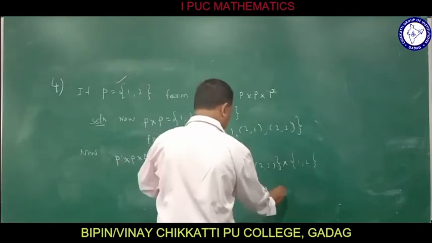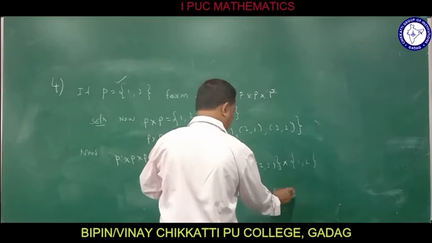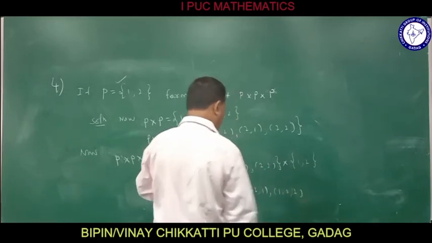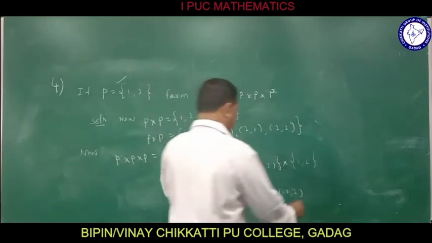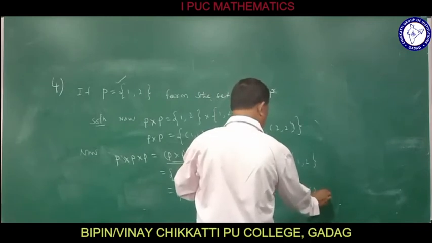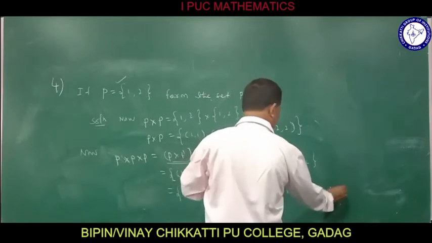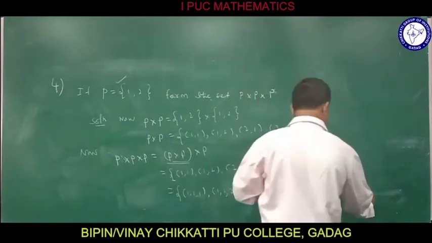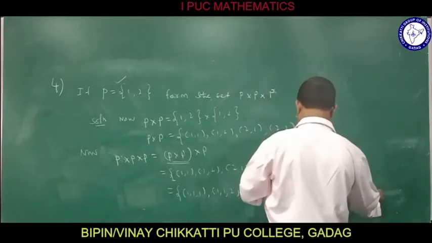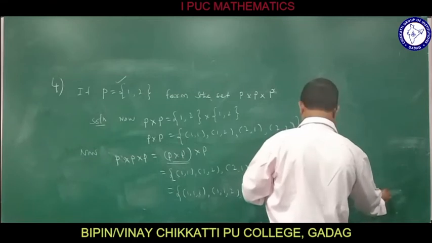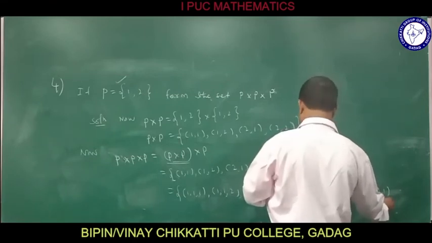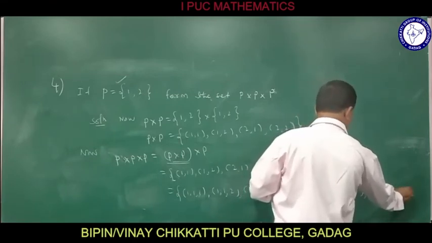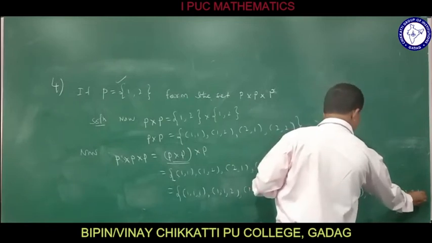Next, 1 2 1, 2 2 is over. Next, look, this 2 1 1, 2 1 2. Next, this 2 2 1. Next, 2 2 2.